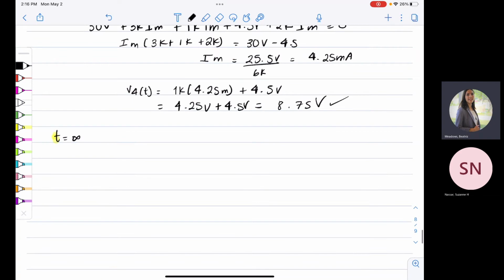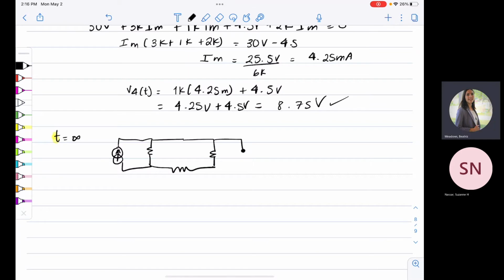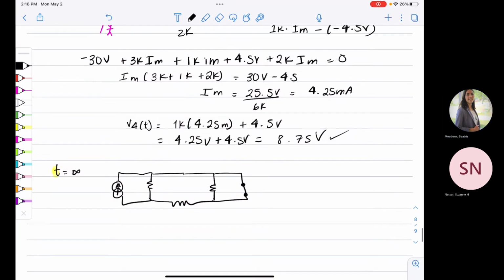So now our network looks something like this. So what's the voltage through a short? What? Yeah.